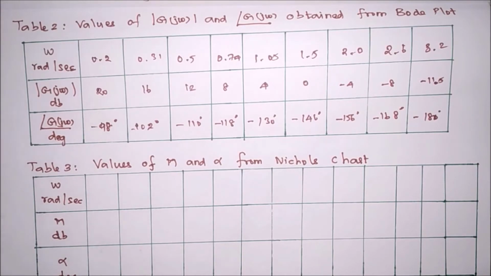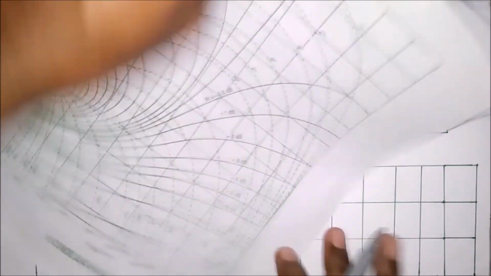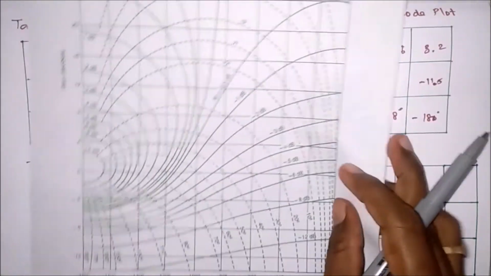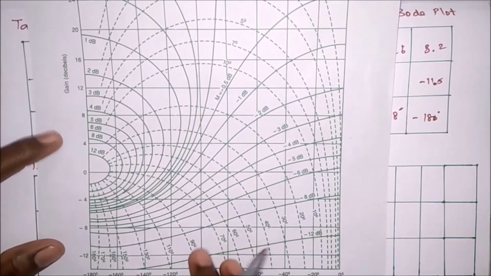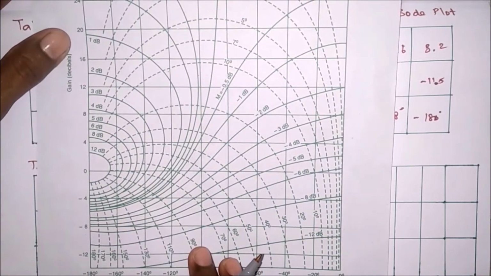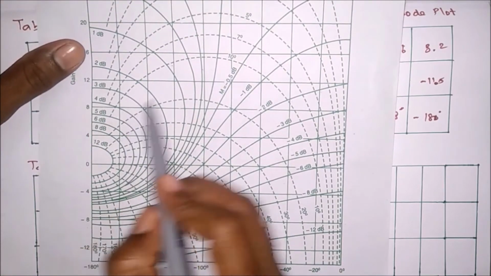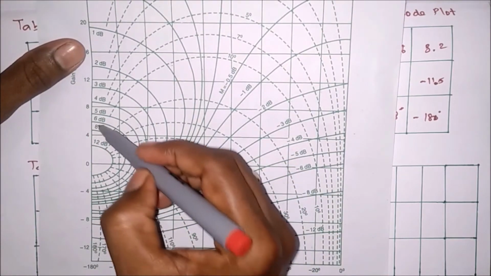So this is the Nichols chart. From this chart, this is the gain in terms of decibels, and this is the phase angle. Now we see this is the M contour, which means magnitude.